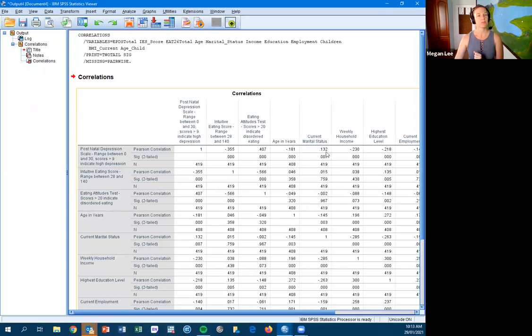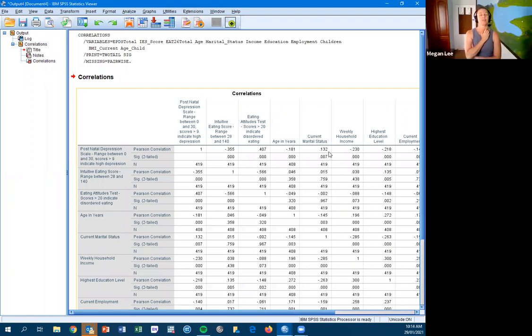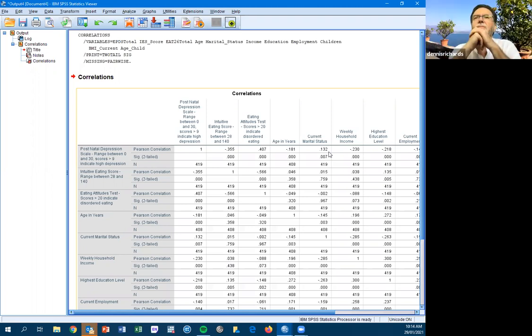What does depression do? Goes down. No. Oh. Yeah, you're right. Goes up, very slightly. So it seems like as you go from married to single, depression goes up. However, weak relationship. Yeah.